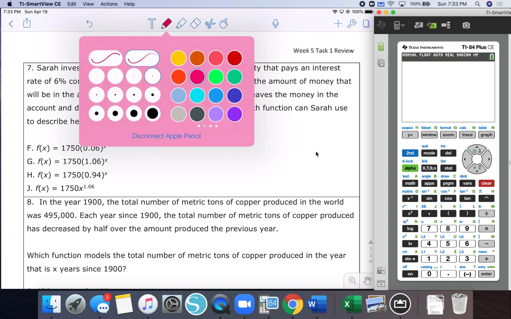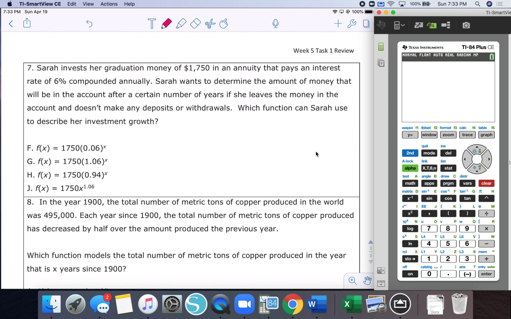Number 7, Sarah invests her graduation money of $1,750 in an annuity that pays an interest rate of 6% compounded annually. She wants to determine the amount of money after she leaves it and does not make any deposits or withdrawals. Which of these will show her growth? Now remember, growth is 1 plus your rate as a percent.